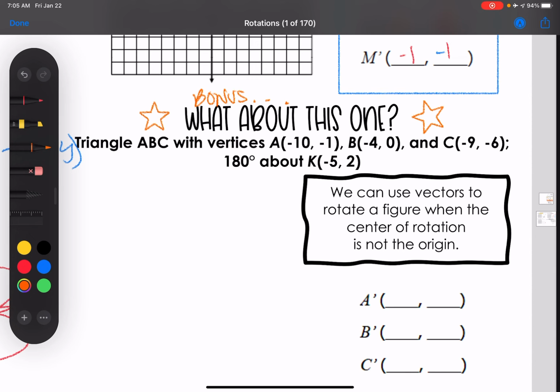What you're going to end up doing is you are going to move this, okay? Because it's being moved around the point K, which is at -5, 2. So if I were to sketch this out, -5, 2, that's where K is. Let me make that a little bit bigger so you guys can see.